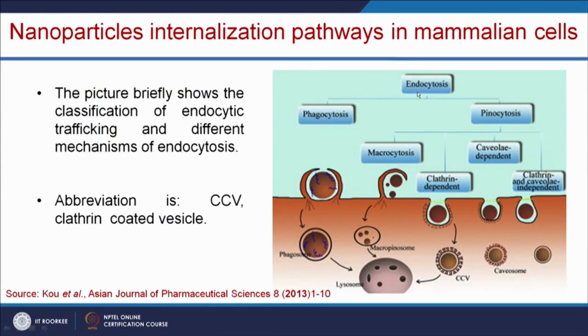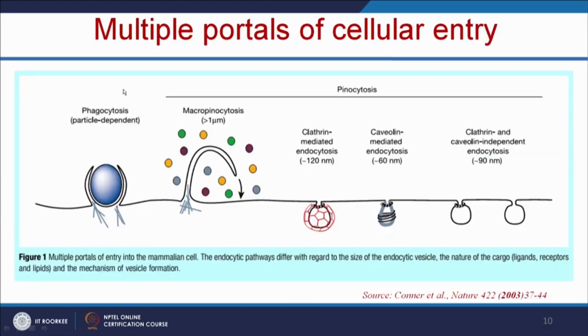This endocytosis is divided into phagocytosis and pinocytosis. As I told you earlier, phagocytosis is the cell eating process and pinocytosis is the cell drinking process. Under pinocytosis, again there are subclasses like macropinocytosis, clathrin dependent, caveolin dependent, and clathrin and caveolin independent. Phagocytosis is particle dependent.